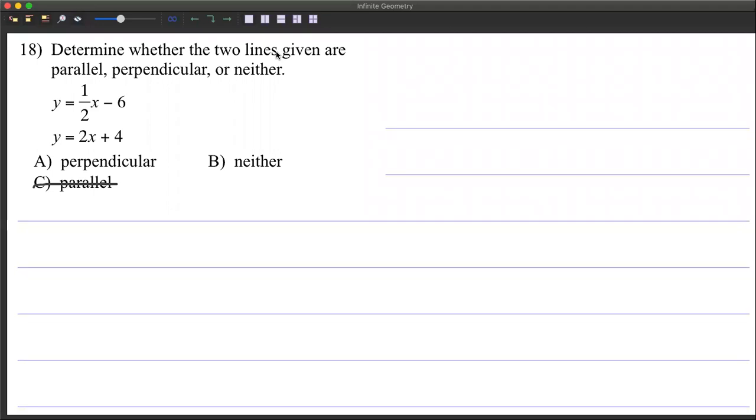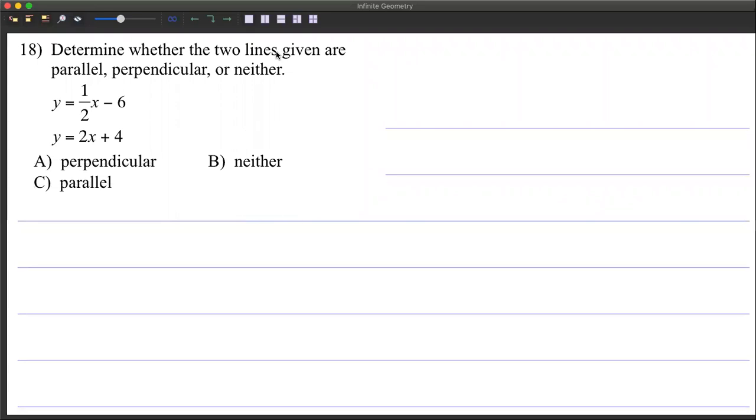Do we have that? So you have half of it. You have the reciprocal part. You have one half, and then if you flip it over, you do have two, but you need the opposite part also. So one's got to be positive, one's got to be negative. So do we have that? Wait, so then would it be neither? Correct. So they're not parallel, they're not perpendicular, so it's neither.